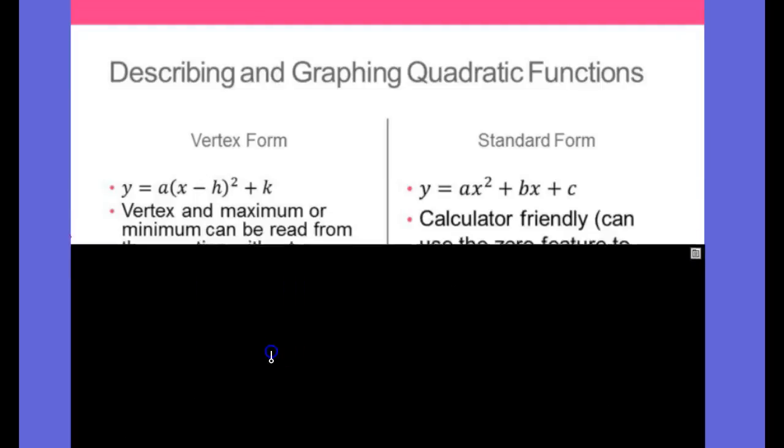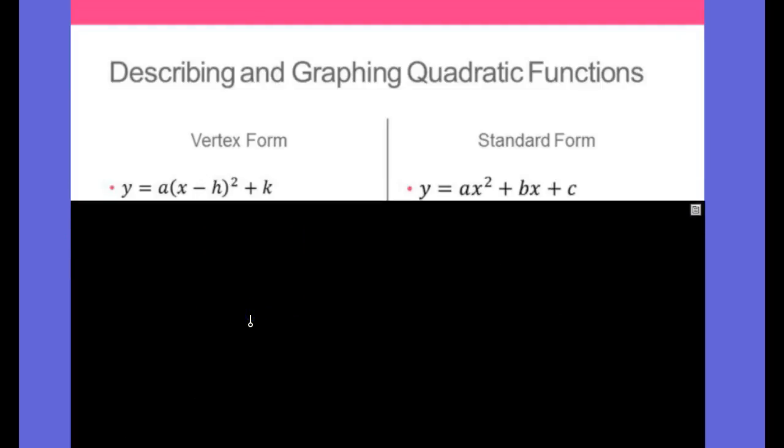And vertex form is very, very similar to the form of an absolute value equation. So an absolute value was y equals a, absolute value, x minus h, absolute value, plus k. The only difference now is where those absolute values are going to be parentheses and squares.